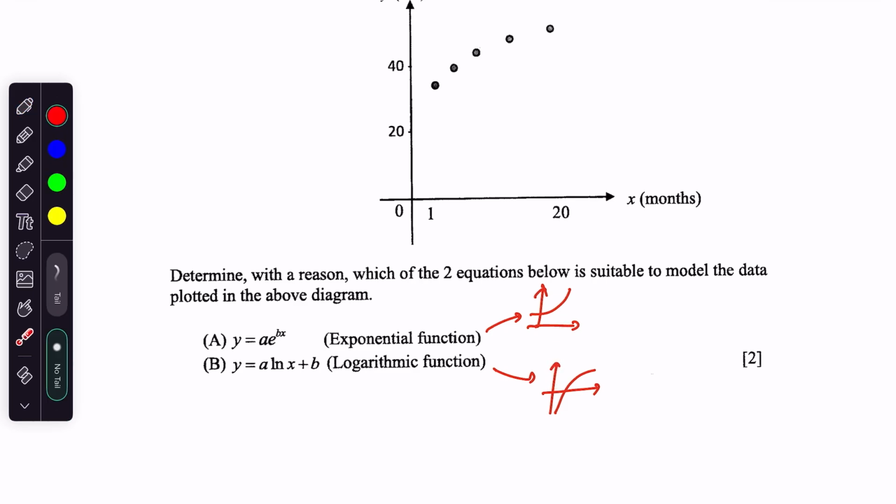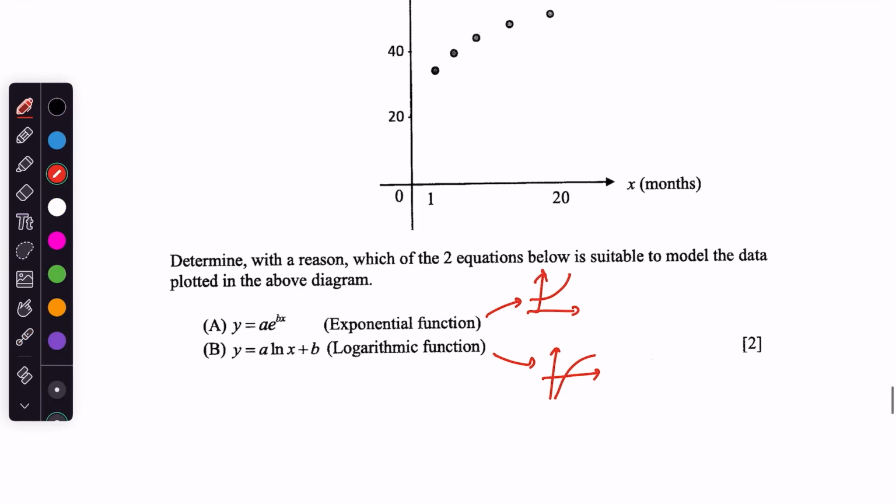Let's describe in words what each of these means. For exponential curves, if you use words to describe, you can say that as x increases, y also increases. They are both increasing functions. When you read from left to right, the curve is going upwards. They're just going upwards in different ways.